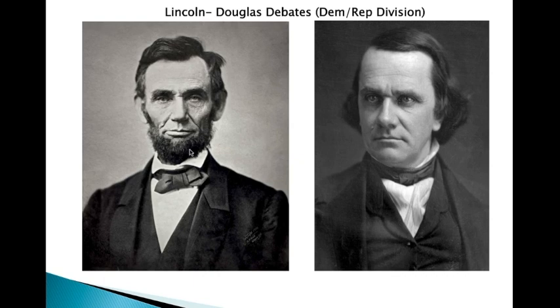Abraham Lincoln was a moderate Republican, and he ran against Senator Stephen Douglas, who was a Democrat. So Lincoln was running for Douglas's Senate seat. And it's during these debates that we learn about each of their views of freedom. Lincoln said that freedom meant opposition to slavery.